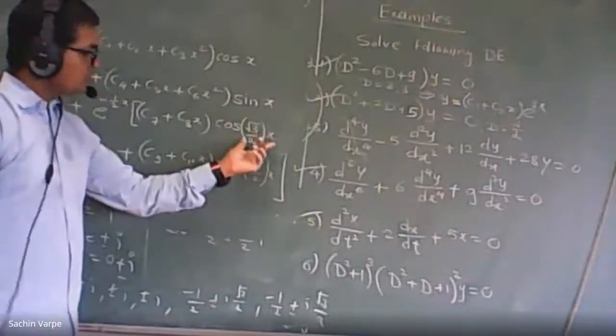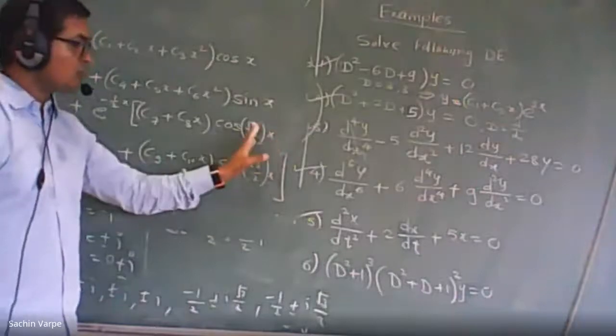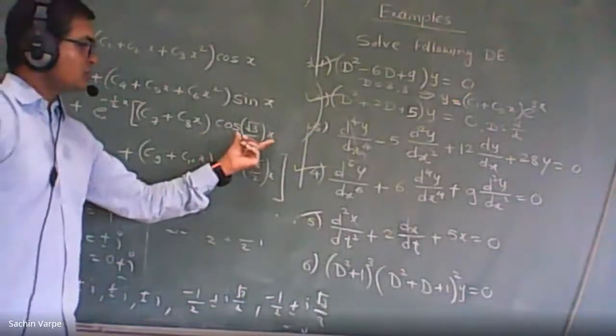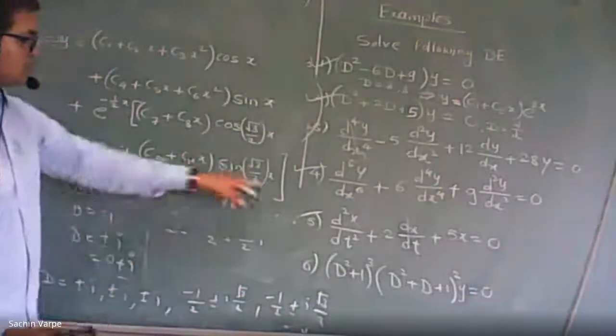One more thing: this is completely beta x. This x is not outside of cos, remember. This is cos of beta x, and sine of beta x.